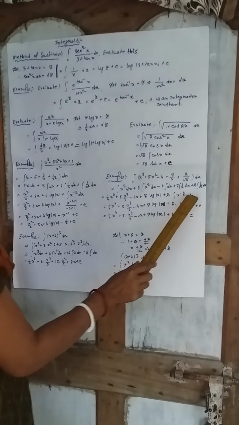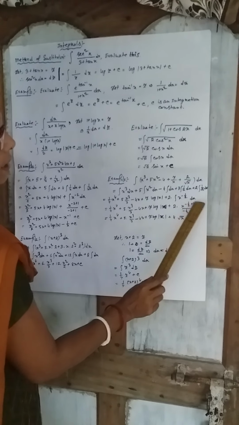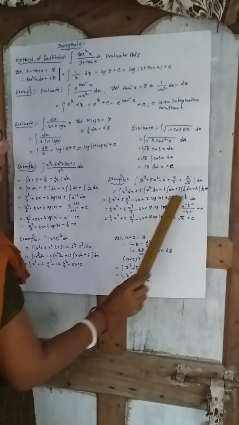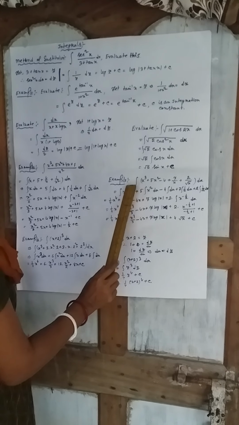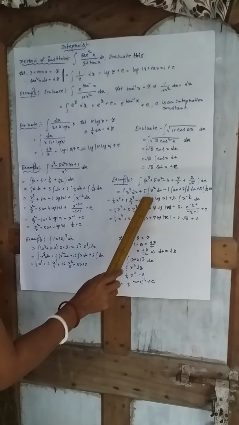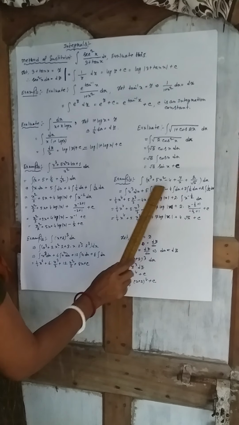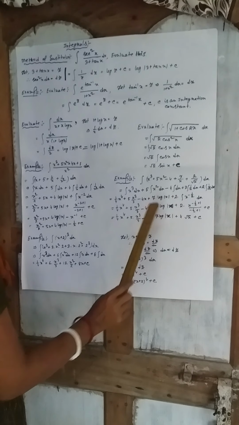Now again the same formula, x to the power n plus 1 by n plus 1. In this case x cube dx means x to the power 3 plus 1 by 3 plus 1, that is x to the power 4 by 4, then 5x square means 5 x cube by 3, and so on.